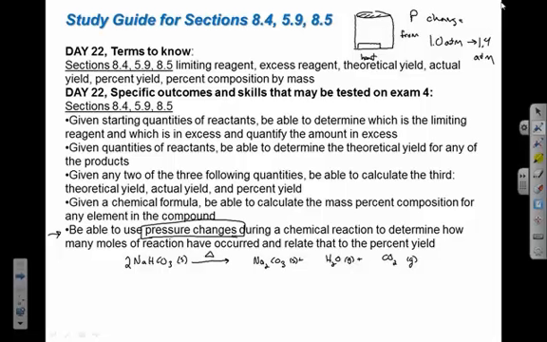Right? But the idea here is, if I know how many moles of this reacted, that will tell me how much the reaction has occurred. Or if I know how many moles of the products are produced, that will tell me how much the reaction has occurred. And if I have information about pressure, there's a relationship between pressure and moles for gases.